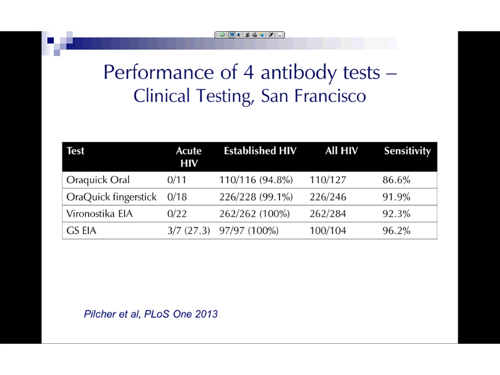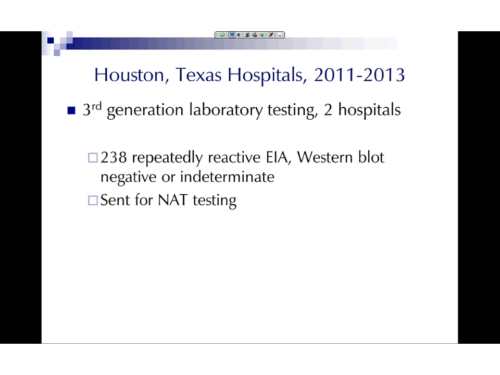Looking at one of the other pieces of information that Jenny McFarland provided for me, in Houston, in their emergency departments, they were testing with third generation laboratory assays in 2 hospitals, and there were 238 patients who were repeatedly reactive on their EIA and either negative or indeterminate on the Western blot, and they sent those specimens for NAT testing. And 26, or nearly 11% of them, were positive for acute HIV infection.